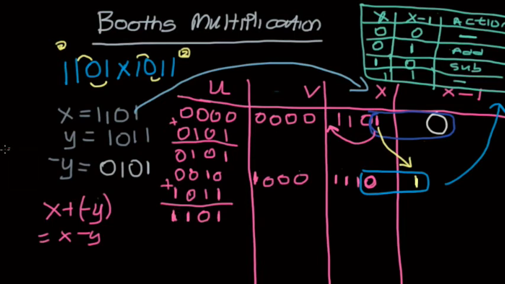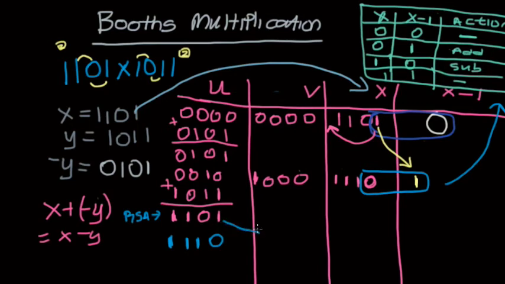Now you're going to do the right shift arithmetic again. Going to shift this to the right. You're going to use the RSA down here. And like I said, make a copy of the first bit. It's going to be 1 1 1 0. This is 4 bits. Your U is complete.